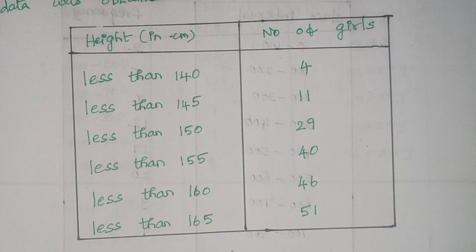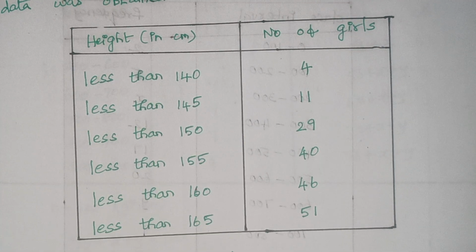But whenever values are perfectly arranged in ascending order, the given data are cumulative frequencies and not frequencies. So from the cumulative frequency, we have to find the original frequencies. Let me show you how to calculate that.